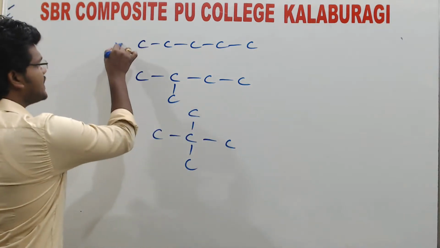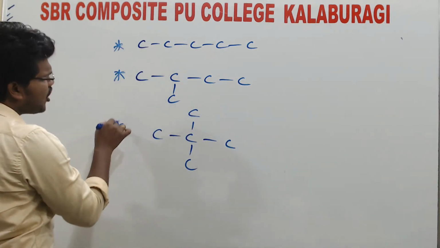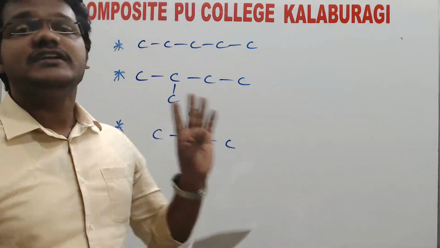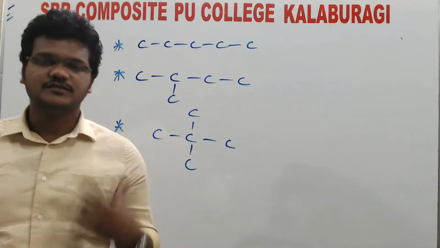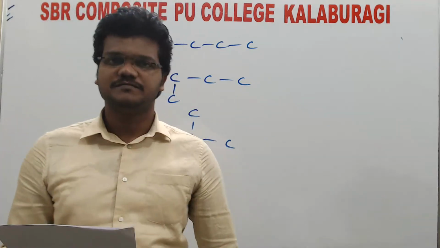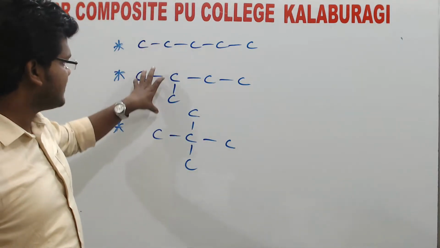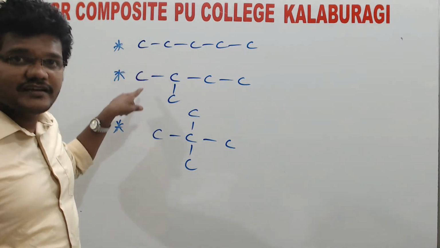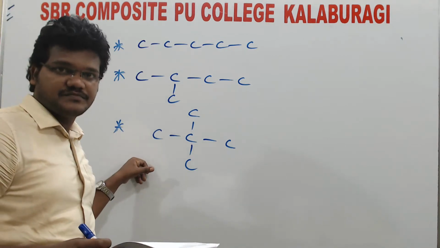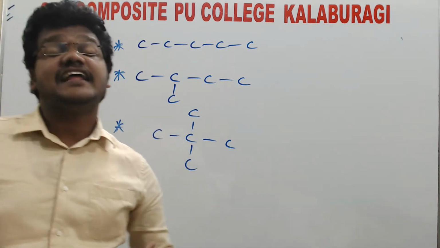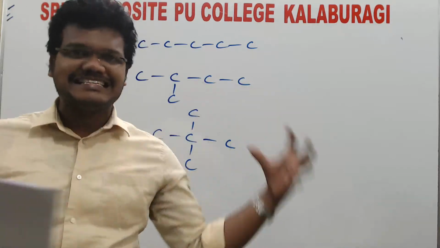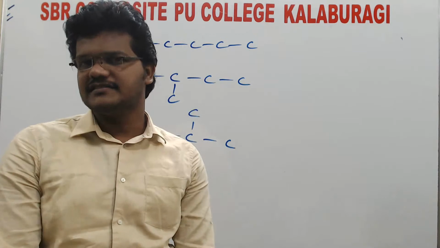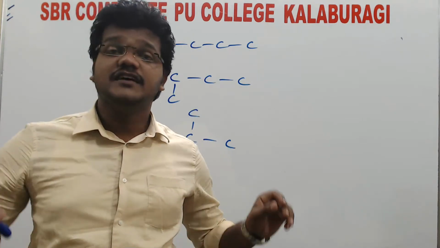So we are supposed to arrange these in increasing or decreasing order of boiling points. They have given 4 different orders. We are supposed to find out which is the correct one. It has 5 carbons, it has 5 carbons, it has 5 carbons. There are no branches over here. Here there is a branch, here also there is a branch. So we know that as branching increases, the surface area of the molecule decreases.